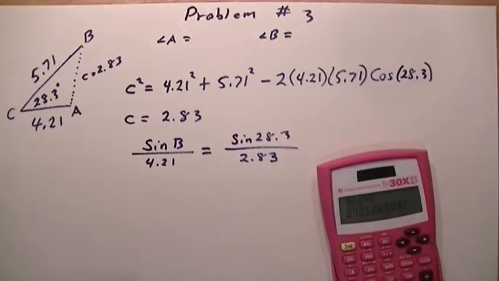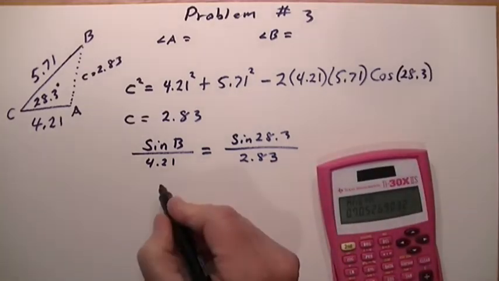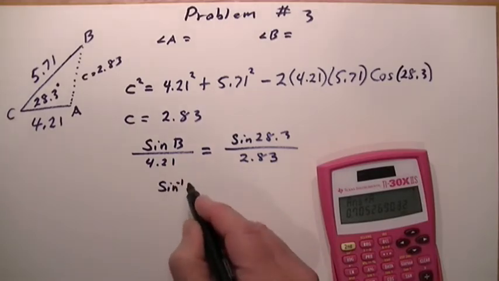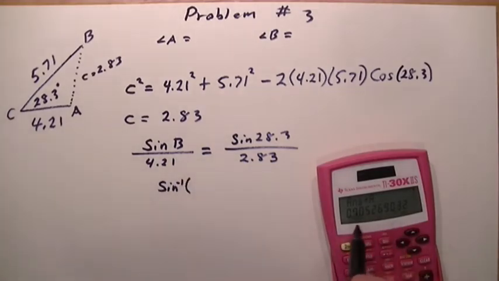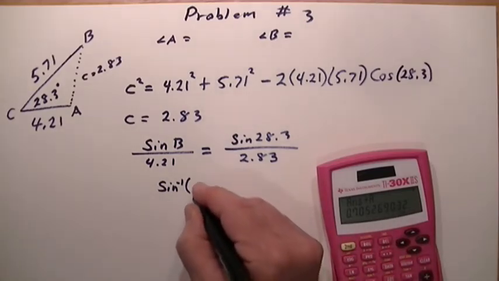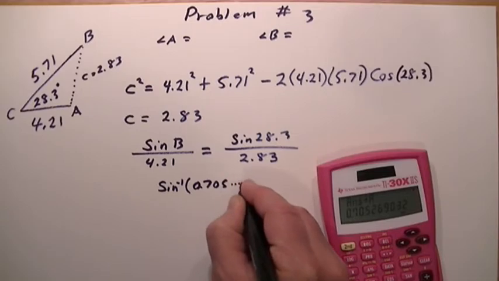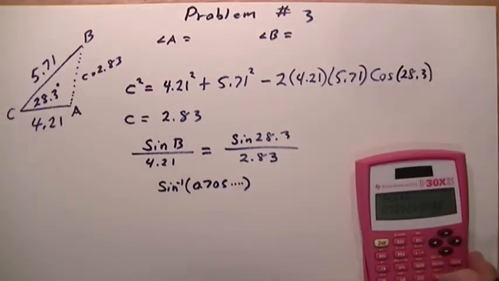And then I'm going to set up this equation: the inverse sine of that number that I've got in my calculator, 0.705 blah blah blah. I've got a lot of numbers in the calculator, I don't need to write them here.